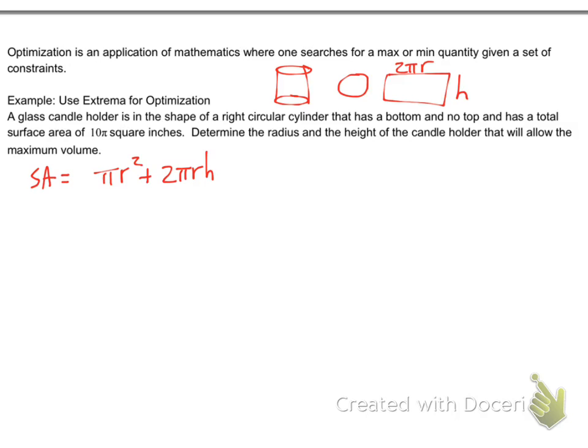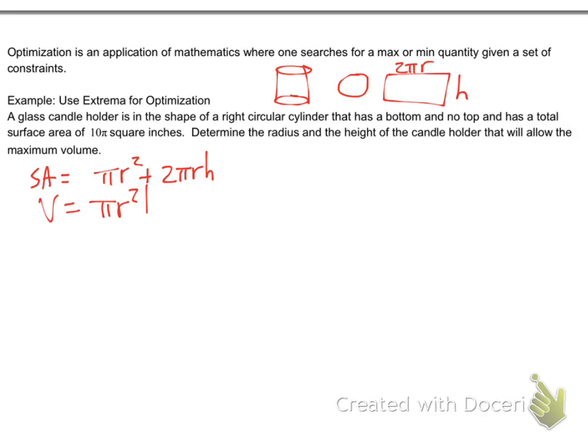We also have to know the volume. What's the volume of any prism? No, 1/2 base times length. That would be the area of a triangle. What's that? Pi r squared times height. It's pi r squared times height.